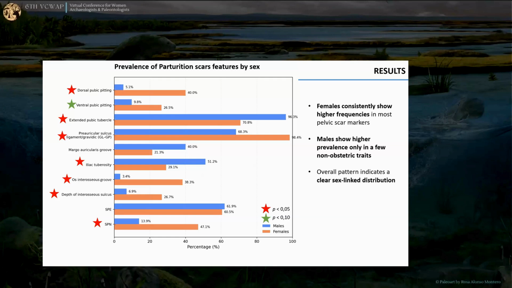But contrary to what we expected, in our samples males show higher prevalence in a few of those traditionally obstetric traits, in particular the extended pubic tubercle, the thickness of the iliac tuberosity, and, even if not statistically significant, also the margo auricularis groove and the SPA. So the message is clear: sex linkage is strong.